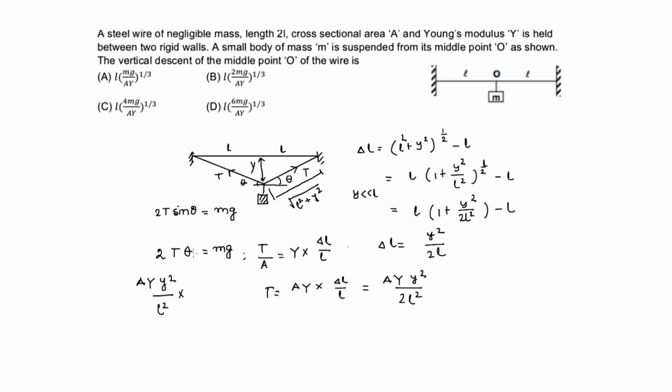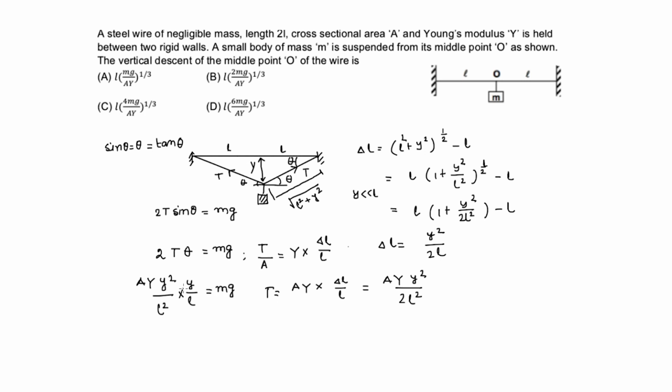Now again, theta is equal to tan theta. For approximation, we can always use sin theta is equal to theta is equal to tan theta when theta is small. It is also called small angle approximation. And tan theta from this triangle is nothing but y by L.